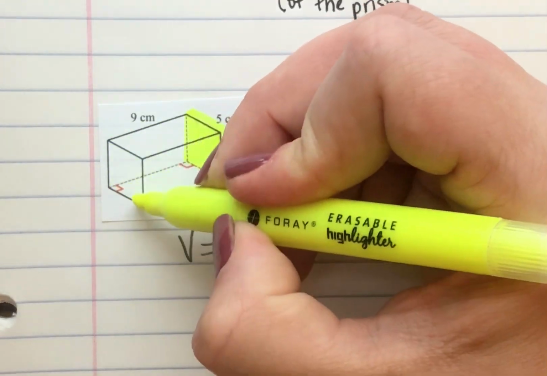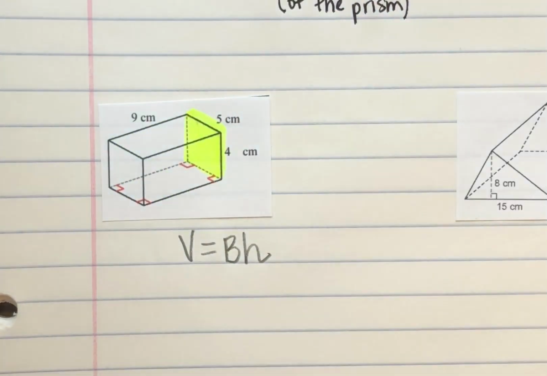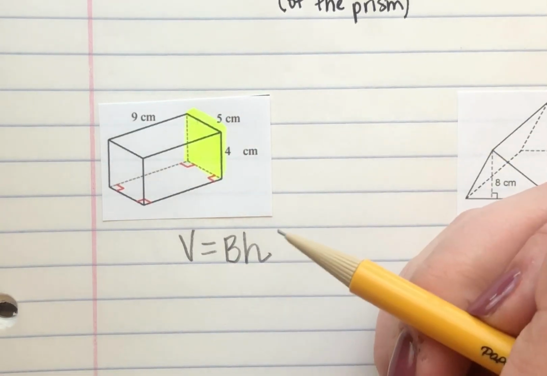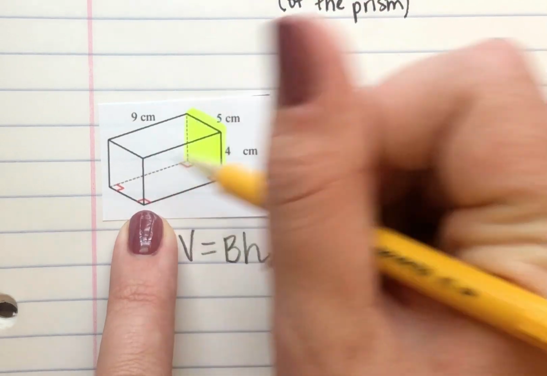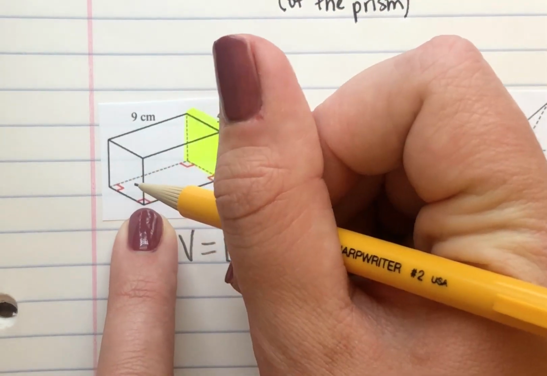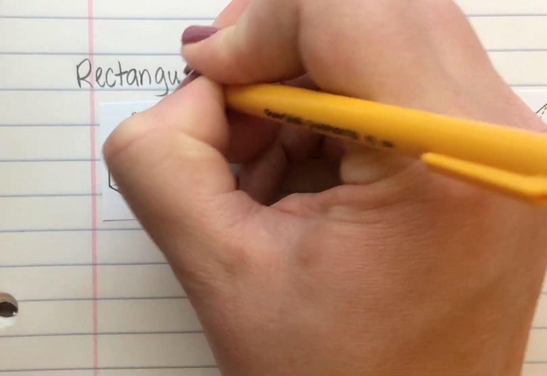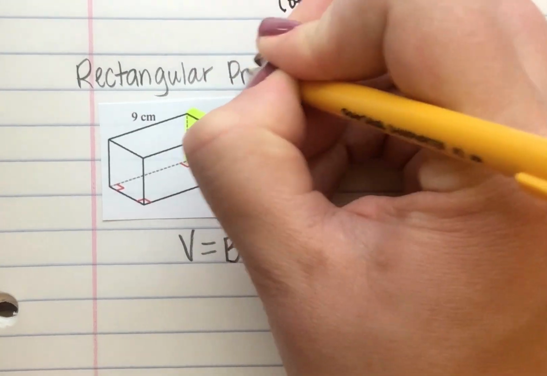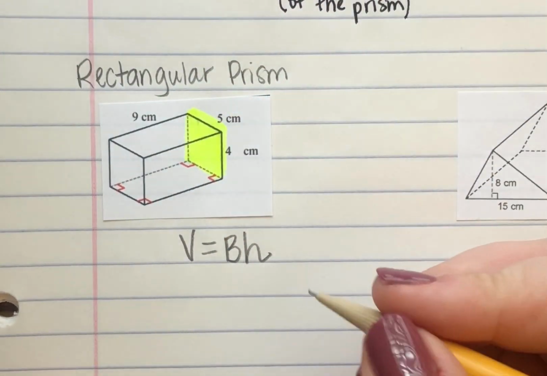You can see this parallel base over here as well. We're going to highlight another piece here in just a second, but let's go ahead and name this figure. Because its bases are rectangles, prisms are always named by the bases. So this is going to be a rectangular prism. Always named by the bases.